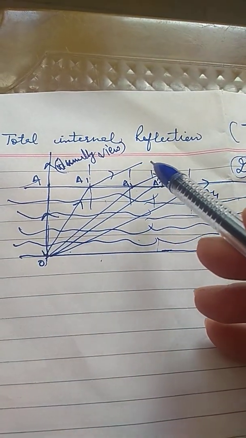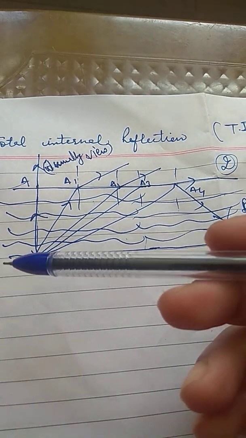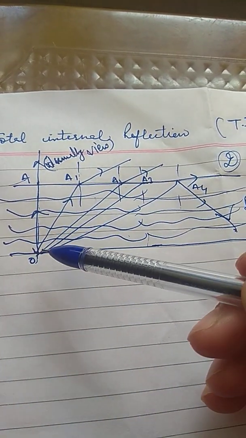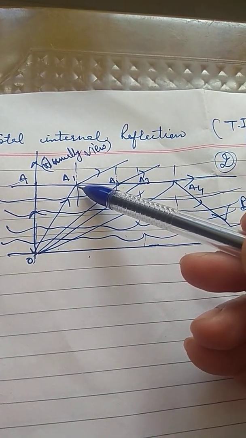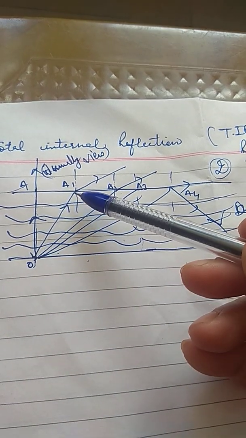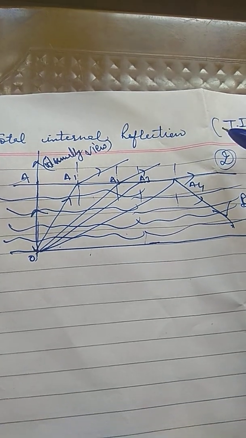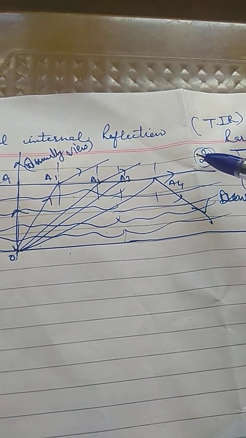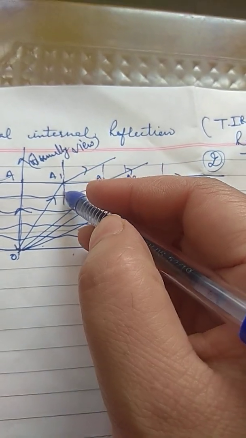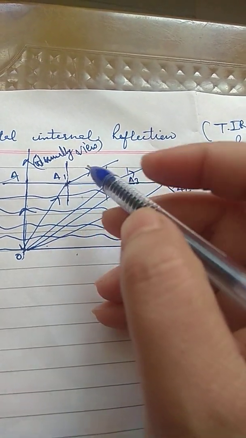But when you change your view to see the object, whenever the angle of incidence increases, then refraction becomes toward the rarer position.